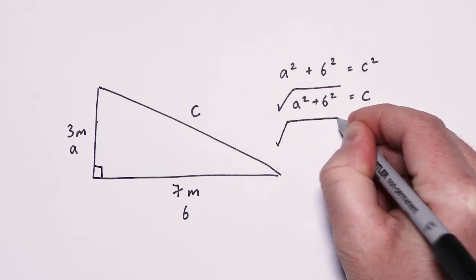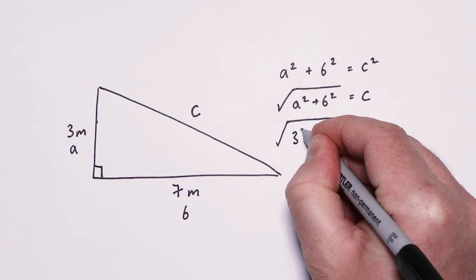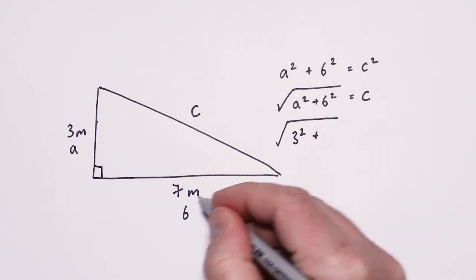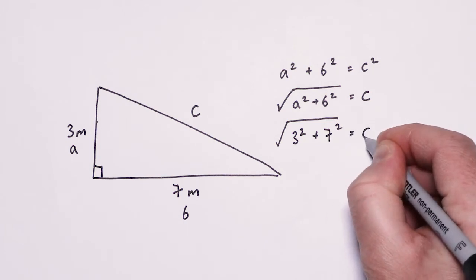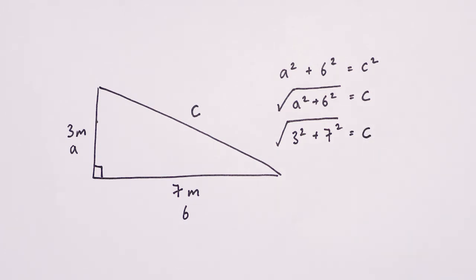The square root of 3 squared plus 7 squared equals c. So now we start to solve the equation.